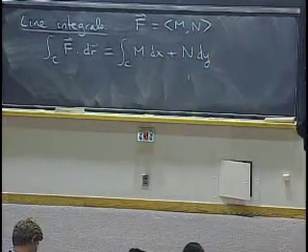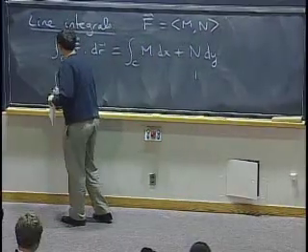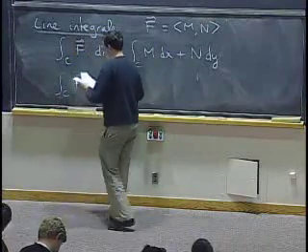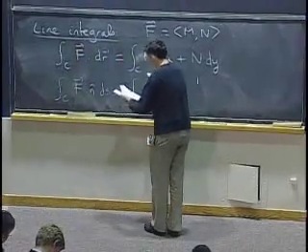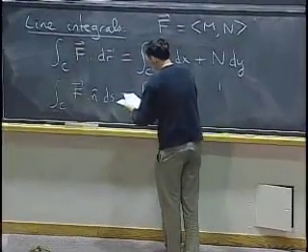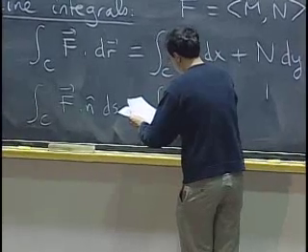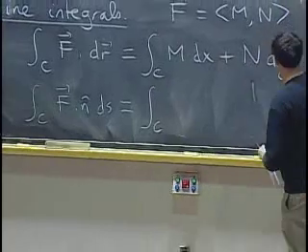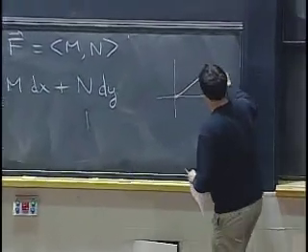While we've also seen the line integral for flux. So the line integral of F dot n ds becomes the integral along C of, just to make sure that I give it to you correctly, I don't want to make a mistake in front of you, you never know.